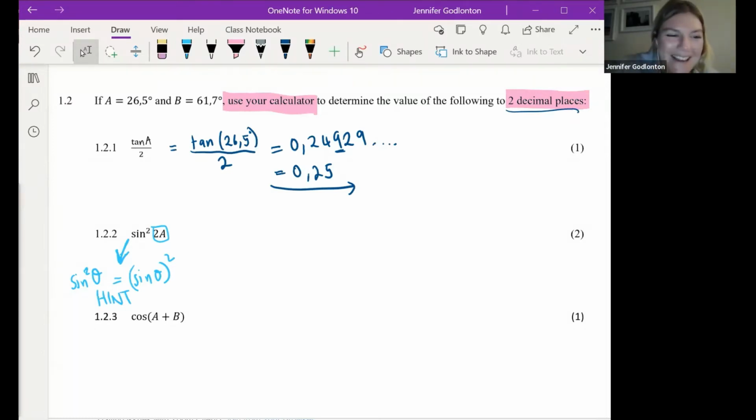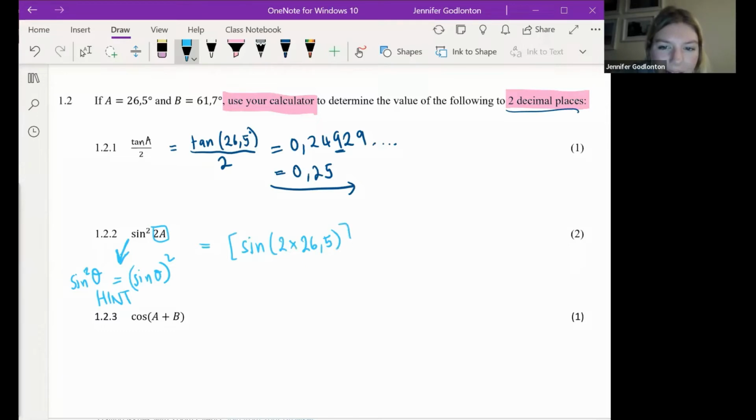Okay. So let's have a look what this would look like. If I was writing this out in my calculator, the way I would write it is we would say sine, and then in here, 2 times 26,5 all squared.